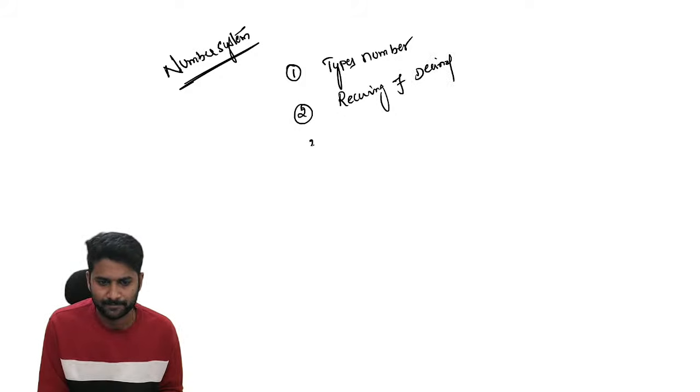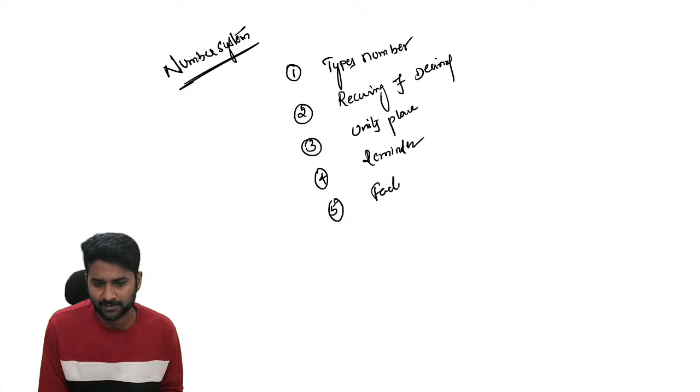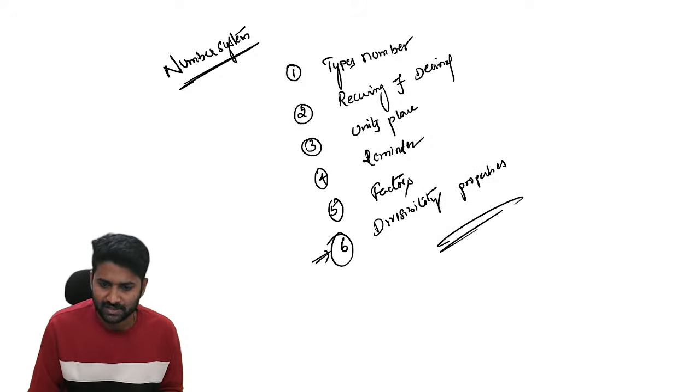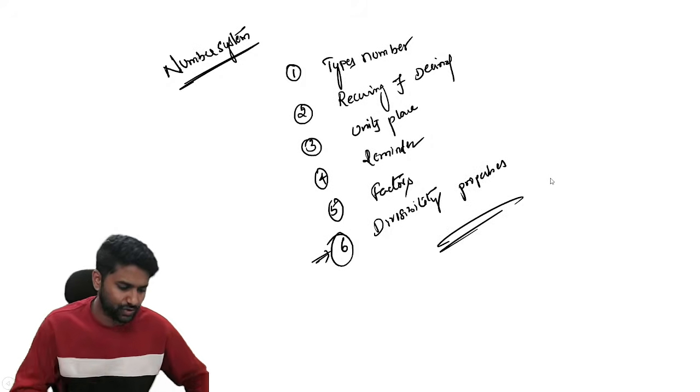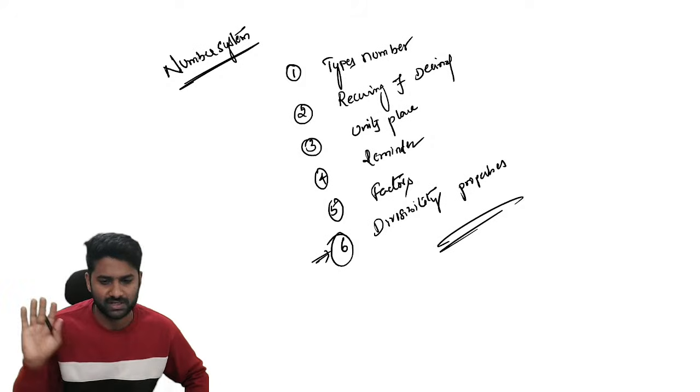Third one, units place value. Fourth one, remainders concept. And the fifth one is all about factors. And the most important and expected question is all about the divisibility properties.